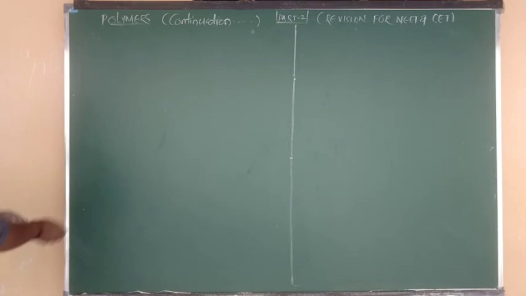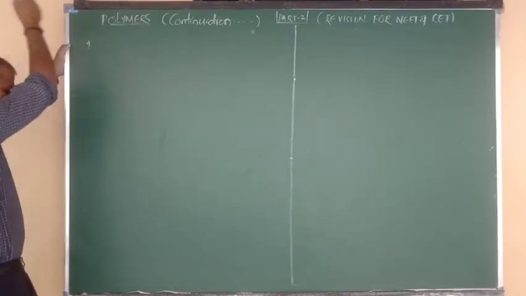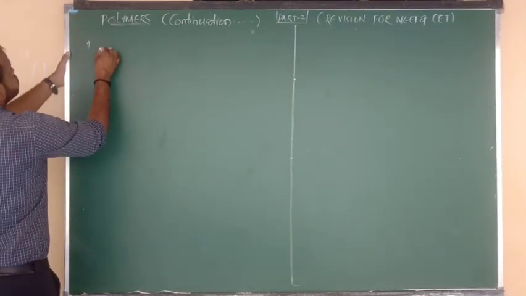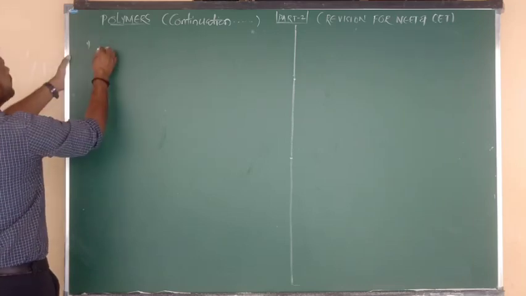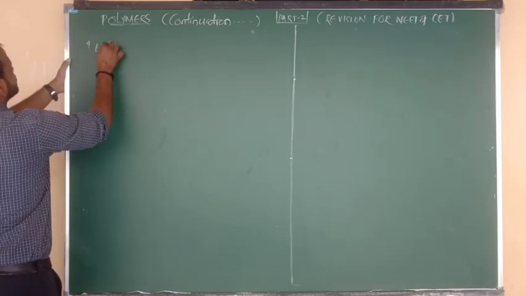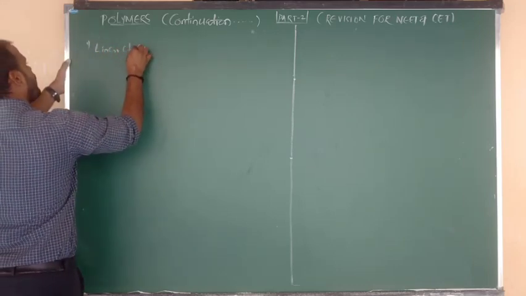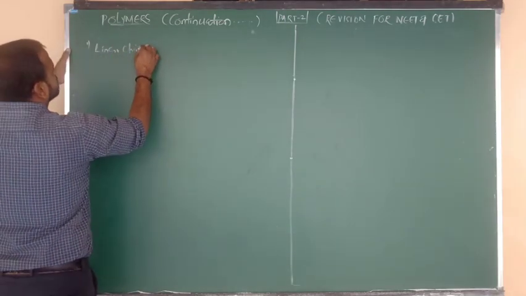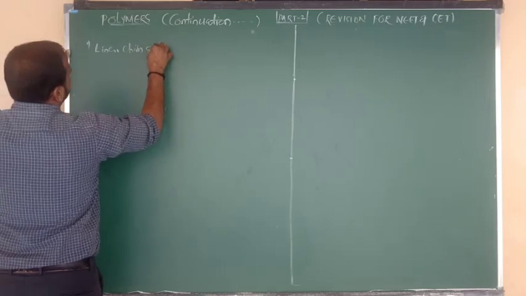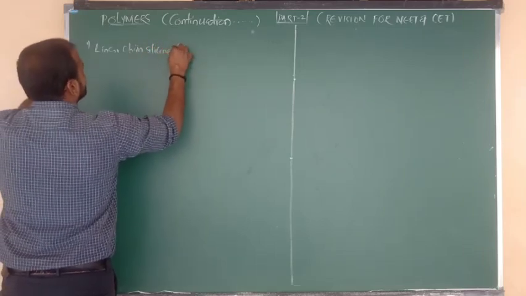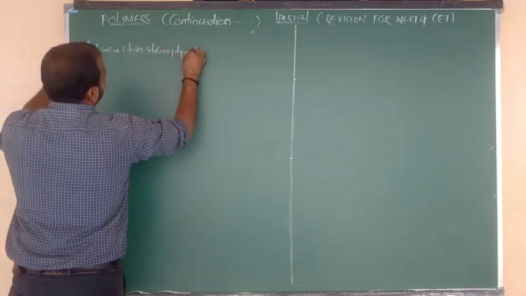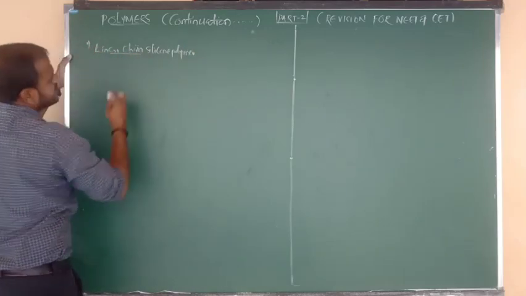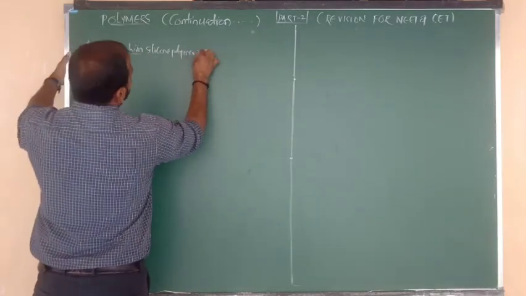In that, number 1: the type of polymer, linear chain silicone polymer. For the linear chain silicone polymer, what is the monomer unit?